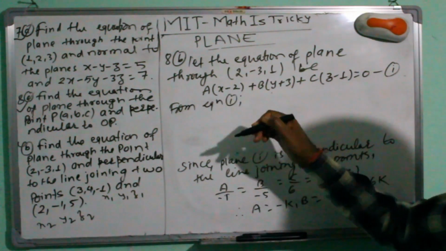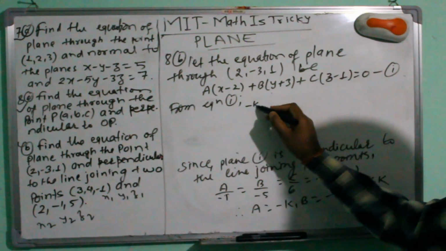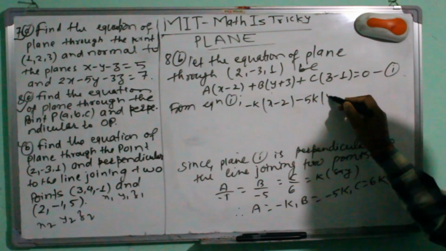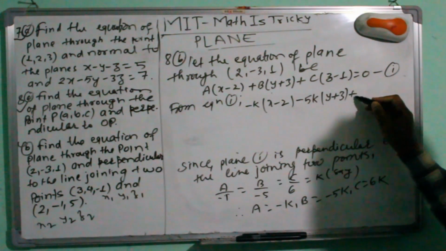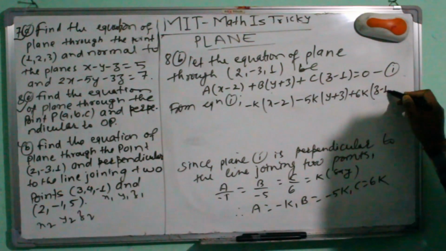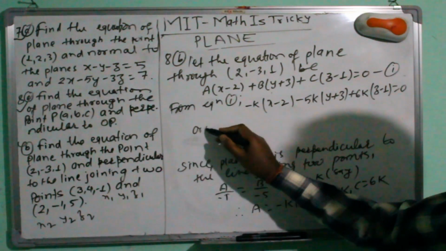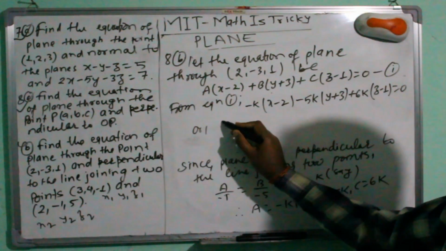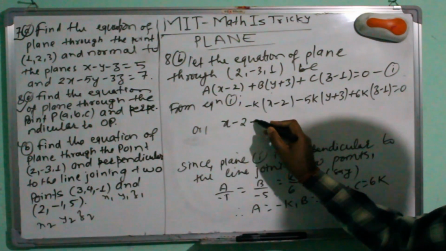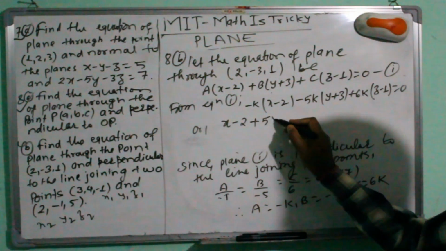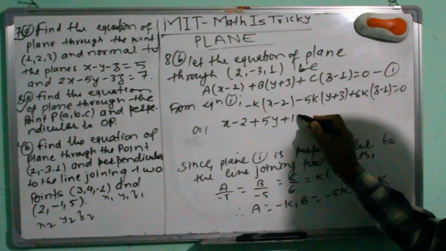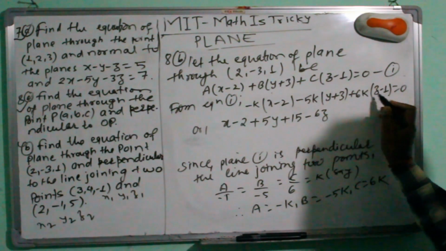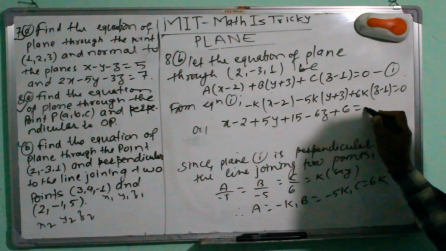So from equation 1 we'll get here minus k times x minus 2 minus 5k times y plus 3, and then plus 6k times z minus 1 equals 0. Take minus common and cancel k also, so it will be x minus 2 plus 5y plus 15, and then minus 6z plus 6 equals 0.